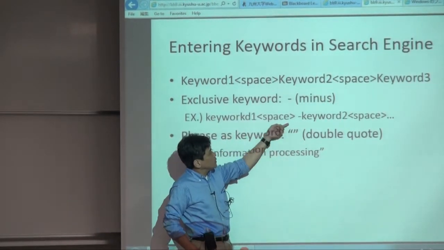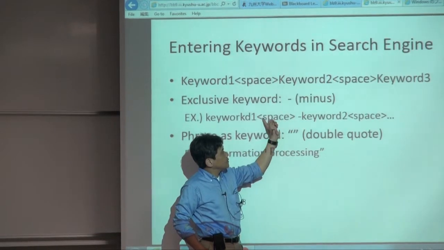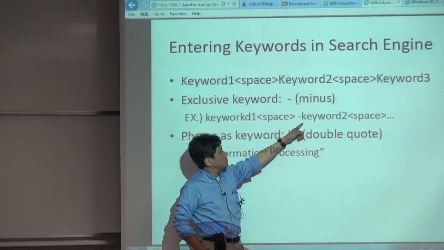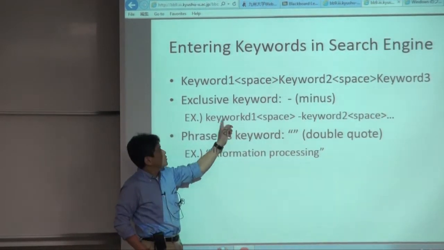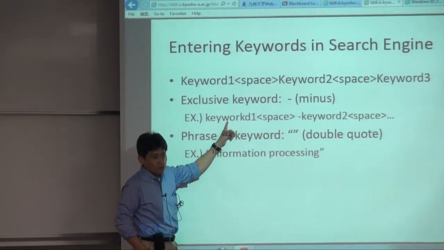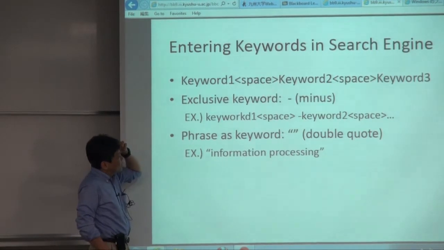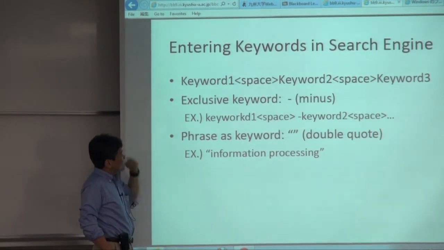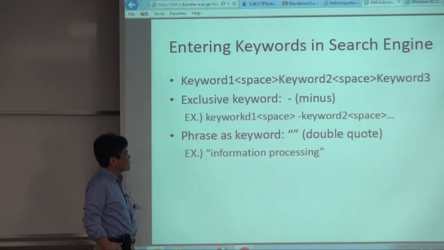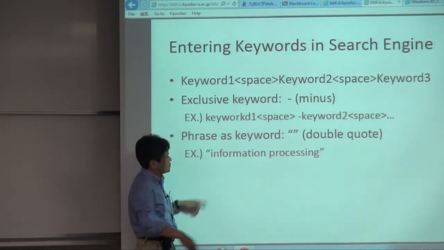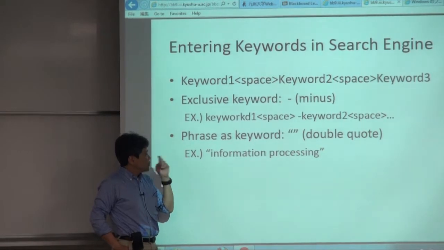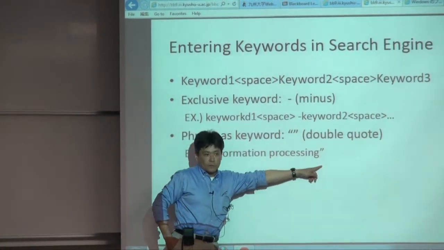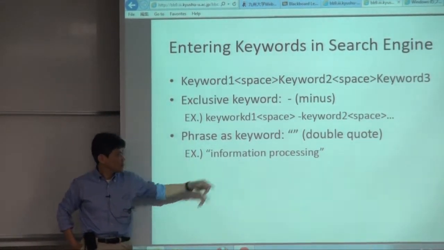So the searched home pages don't include this keyword, however they include this keyword. And to find pages including some string like this, you can use a quotation mark, double quotation, like this.